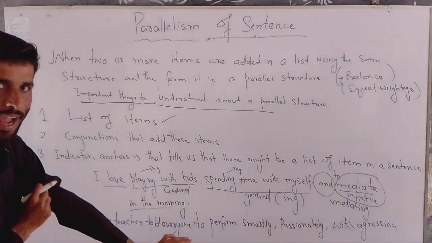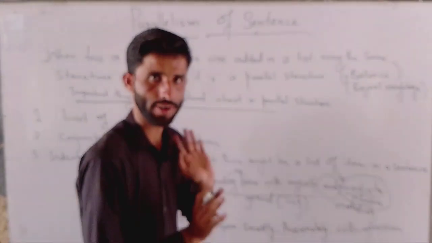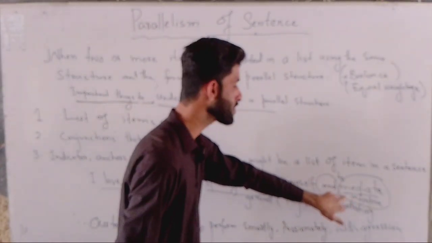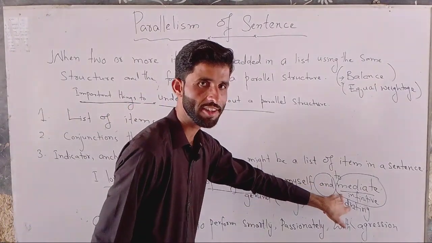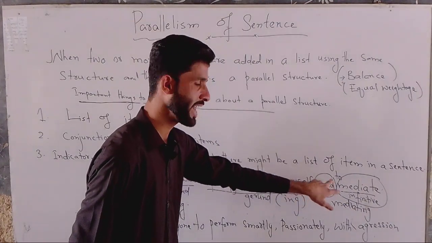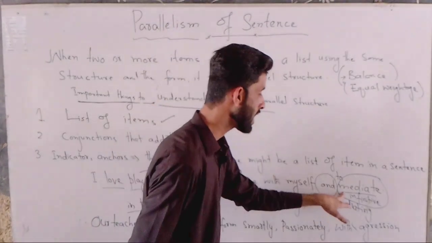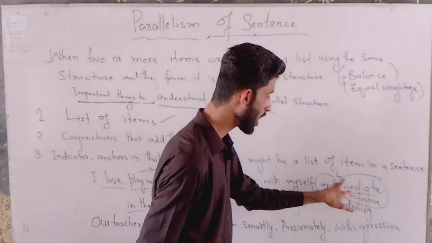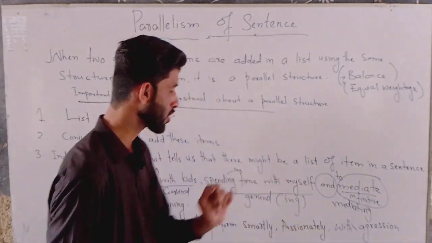So in your exam, it always occurs that you must find the error. Now this one is an error because there is an -ing form and this one is infinitive form. The third one, connected by conjunction, must follow the same structure. So the right one will be mediating, not "to mediate", because that is infinitive, and it will be considered wrong.